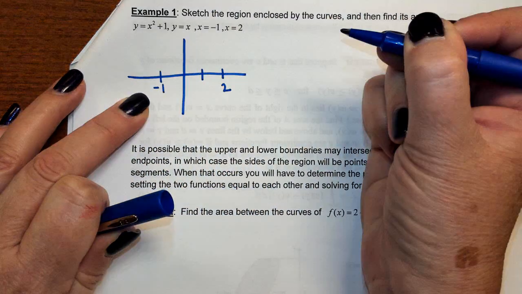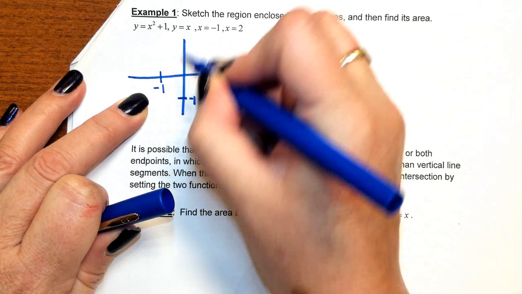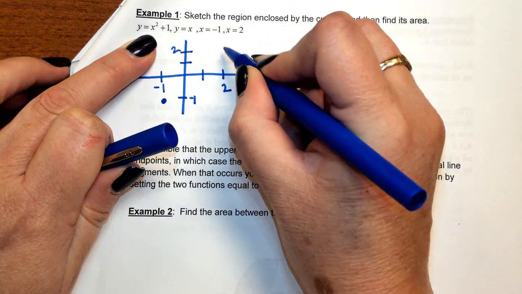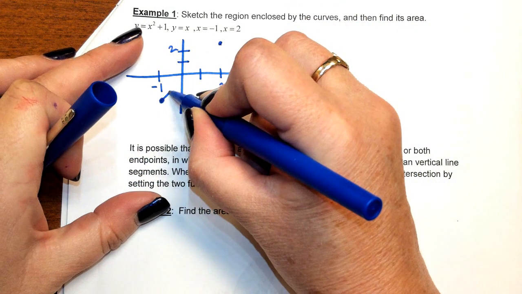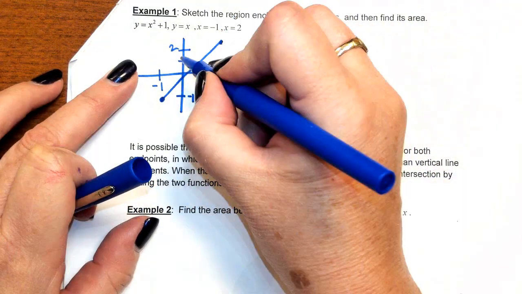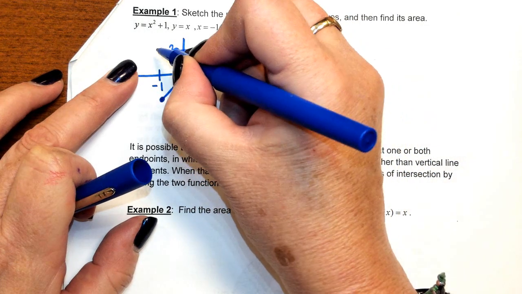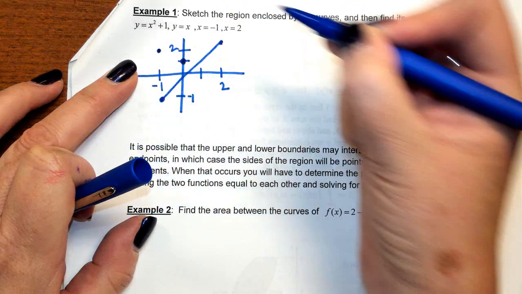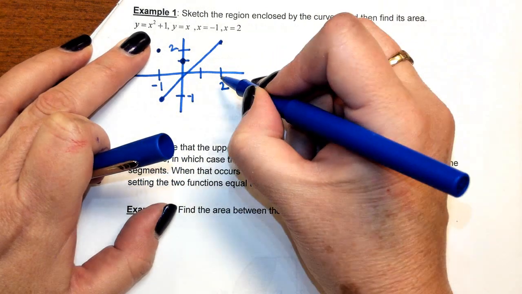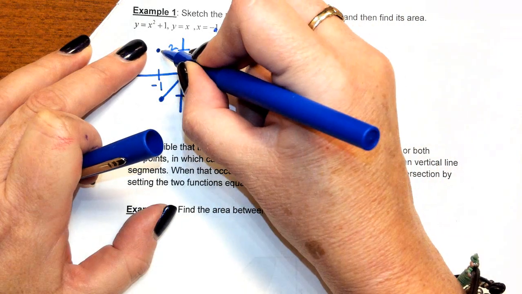Here's x equals 2. Drawing my line y equals x, there's my point at -1. So I know that this is my straight line here. x squared plus 1 is a parabola, has its vertex at (0, 1), and this is going to have a y value of 2 when x is -1, and when x is 2 it will have a y value of 4.